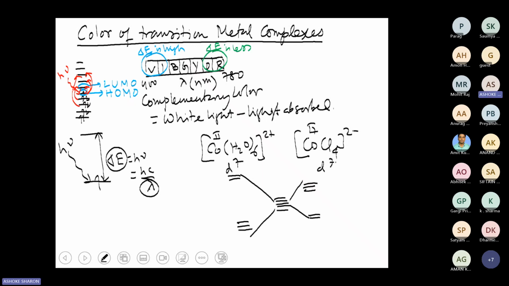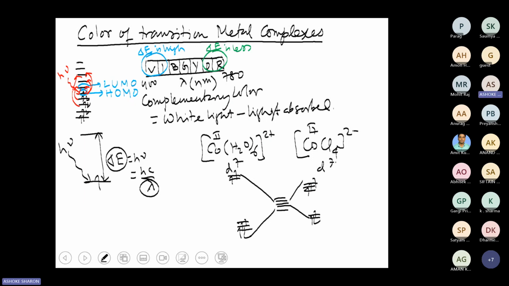For the d7 cobalt, the electronic fill up will be high spin, 1 2 3 4 5 6, and here obviously it is also high spin, 1 2 3 4 5 6.